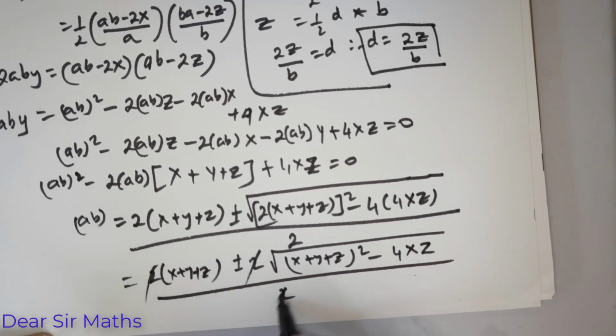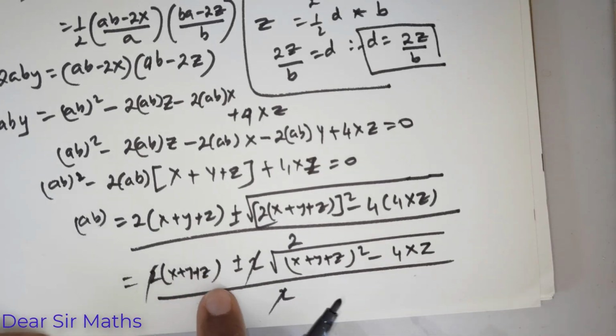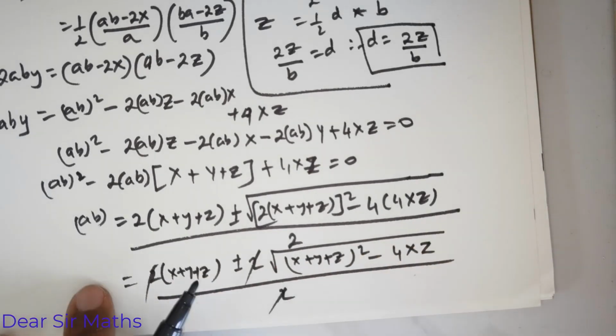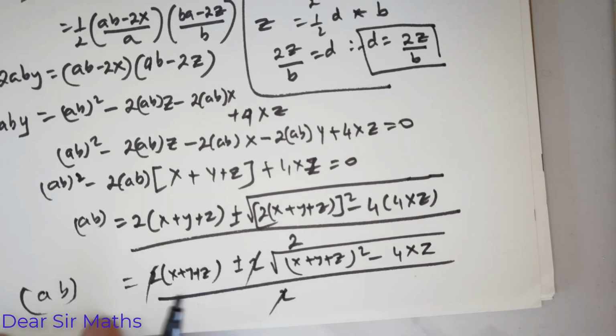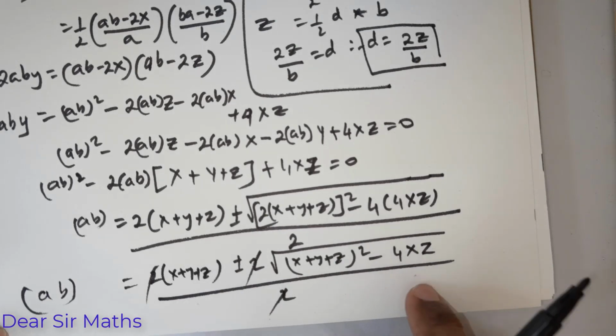So 2 gets cancelled, and you got X plus Y plus Z, plus or minus the square root of this quantity, and you got AB there. Right, so I need to further simplify this.